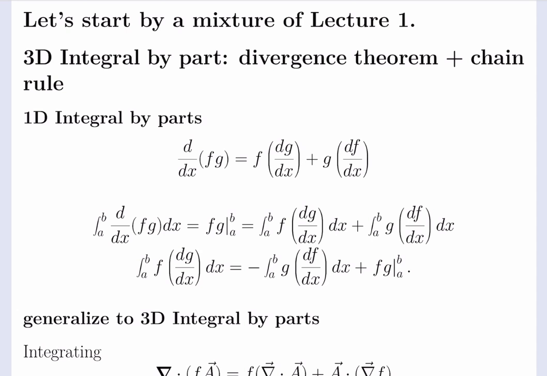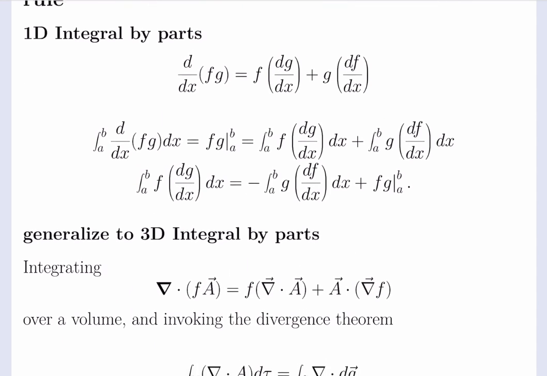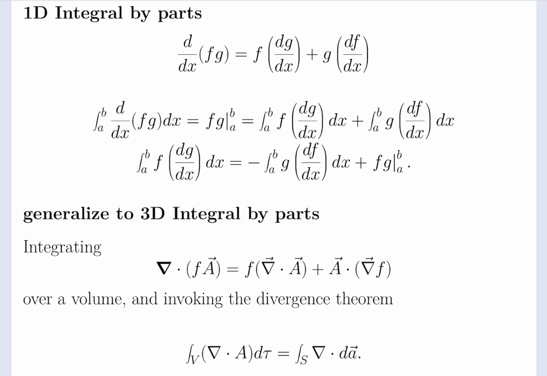Now let's see. We actually can do a similar thing. We first recall that in 3D differential analysis, there is also the chain rule. Say we want to calculate the divergence of a scalar times a vector.